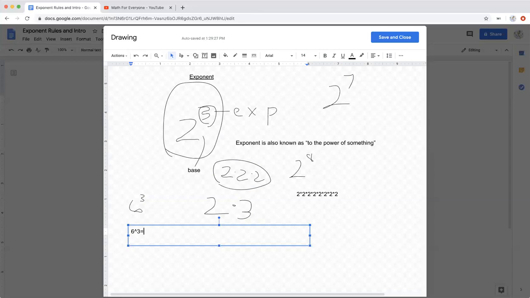It is equal to 6 times 6 times 6, since you have to multiply it the amount of times the exponent says. Remember, you do not do 6 times 3, because 6 times 3 is not the same as 6 times 6 times 6. It's 6 plus 6 plus 6. And those are two very different things. So this would be equal to 36 times 6, so 216.